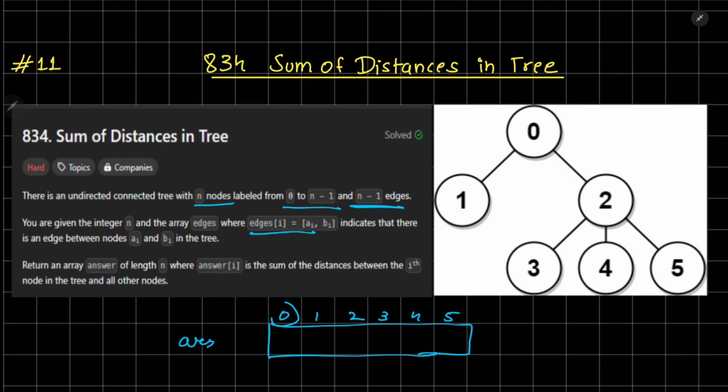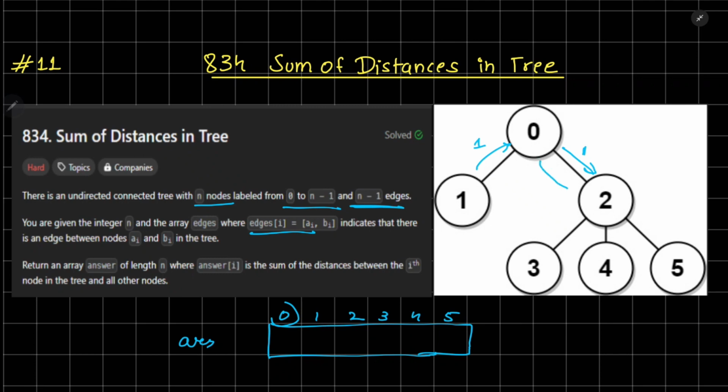What does it mean? For 0, if we look at all the other vertices, 1 is one edge away from it, and it is an equally weighted graph, so let's say unit distance 1. So it will be 1. Then we see 2 is also one edge away from 0.